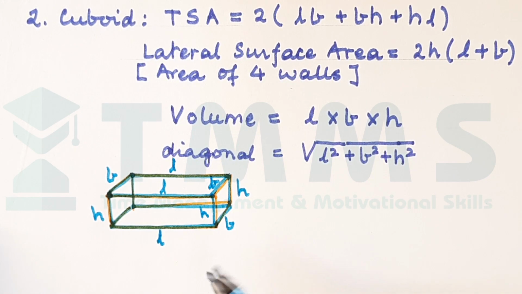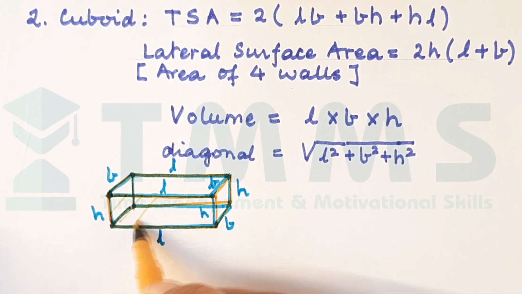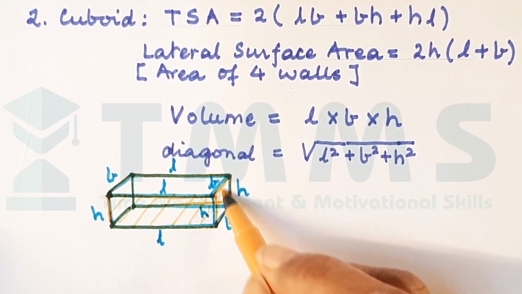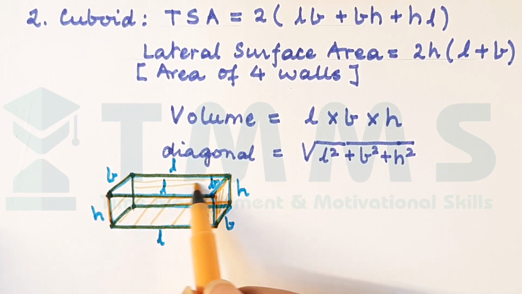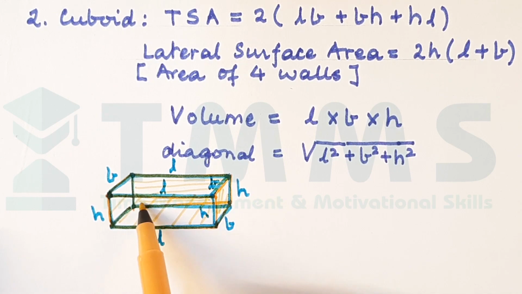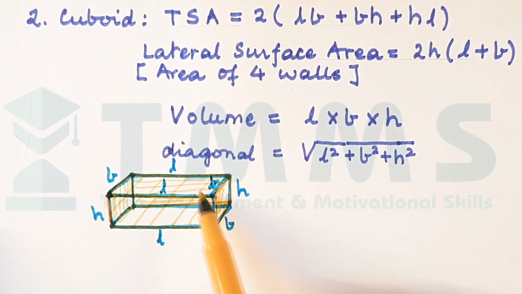So if I want the total surface area, I will take this surface, then I will take this surface, then I'll take this surface at the back, and then I will take this surface. Got that? So you will have these four surfaces, and then we'll have the top surface, and then we will have the bottom surface.